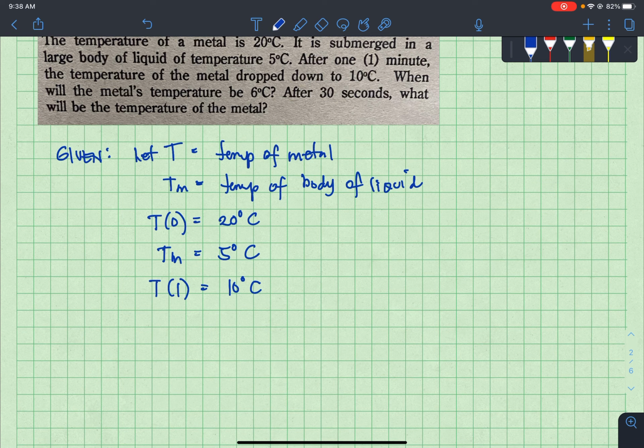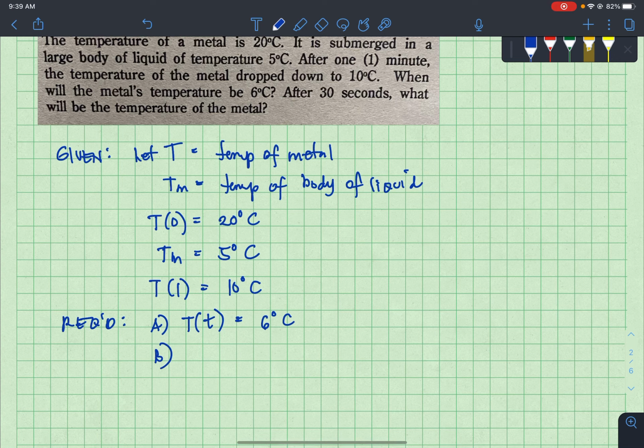Our first question is, when will the metal's temperature be 6 degrees Celsius? So what would be the time? When this one is close to 5 degrees Celsius, that would be 6.